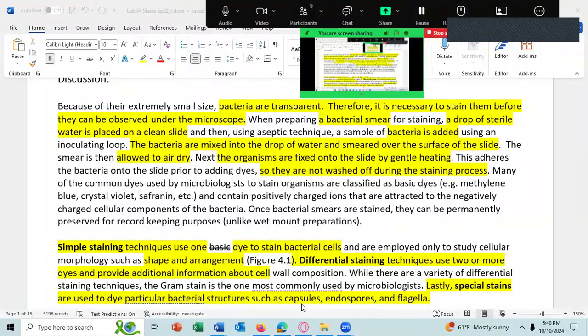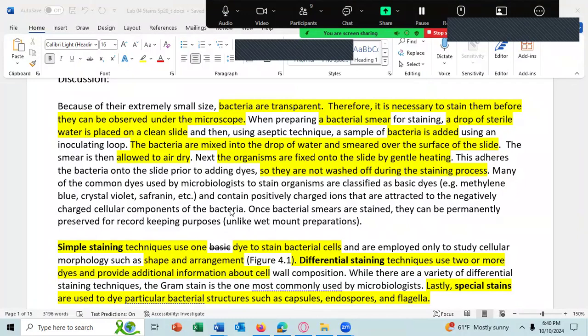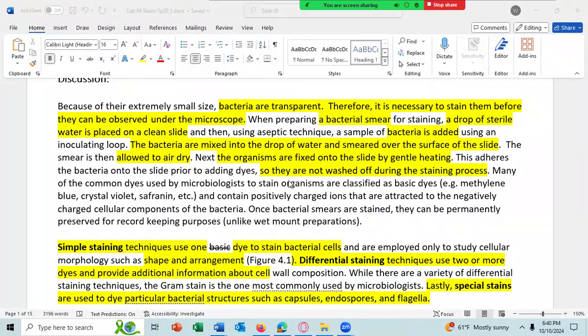So the bacterial smear is the first thing you do. And then after you have the smear, you will stain the cells. So you allow the slide to air dry and then heat fix. And the heat fixing will not allow the cells to wash off during the staining procedure, which follows making the bacterial smear.